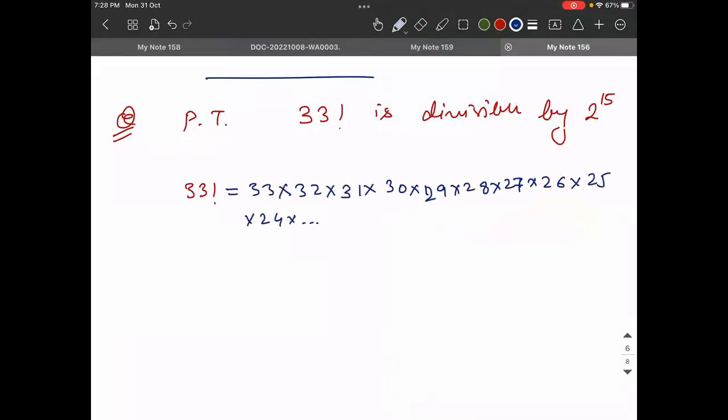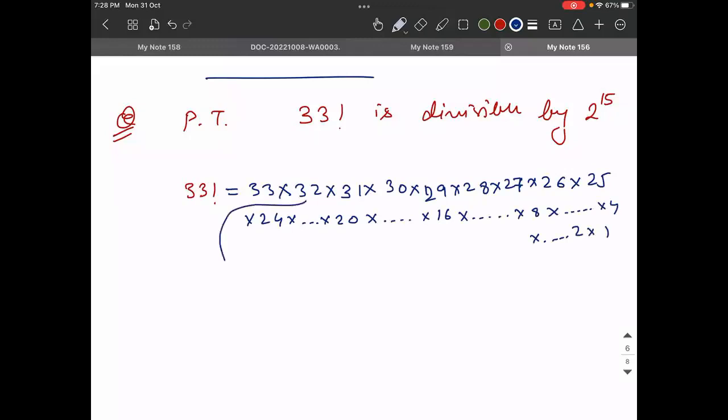Hey, I don't have much vision. Okay. 16, 20, okay, 16. 8. Let's write 4, 2, 1. Fine. These many numbers I know, the rest of the numbers I don't know.